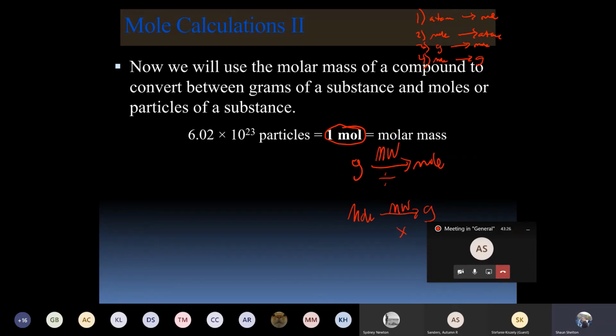And MW is just molar mass, so you all know that.